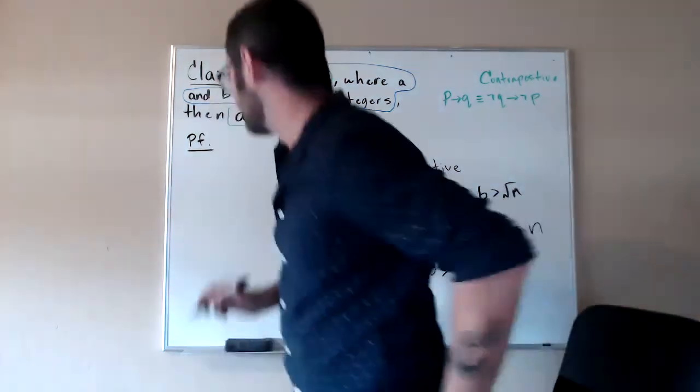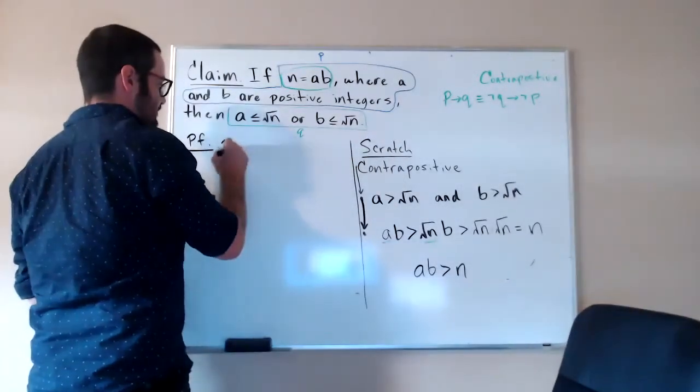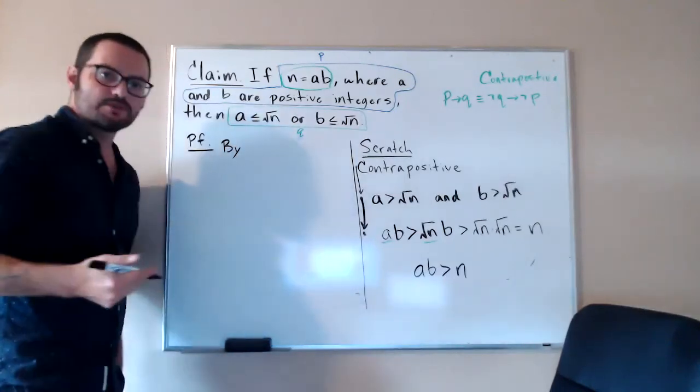So the formal proof here would be something like, again, you have to state that you're doing an indirect proof.